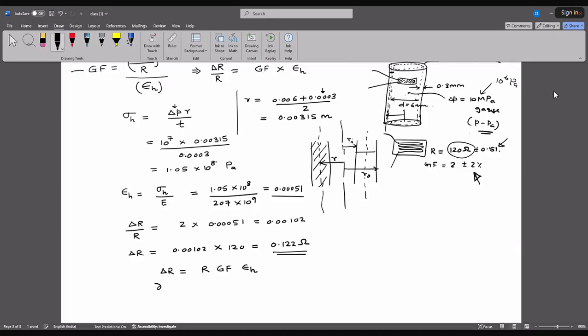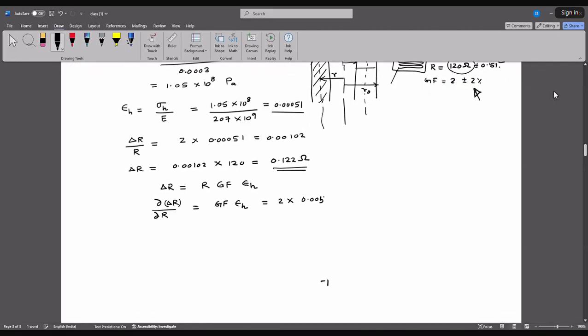So first we have to find delta R over delta R, which is gauge factor times the hoop strain, which is 2 into the hoop strain, 0.00051.